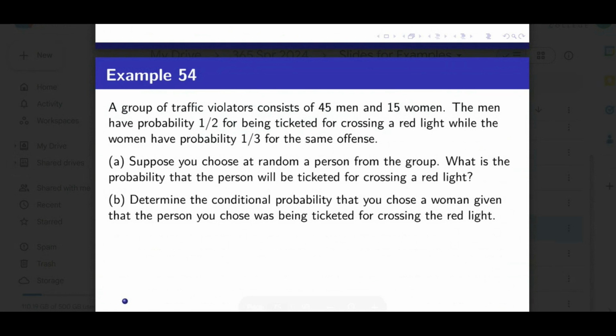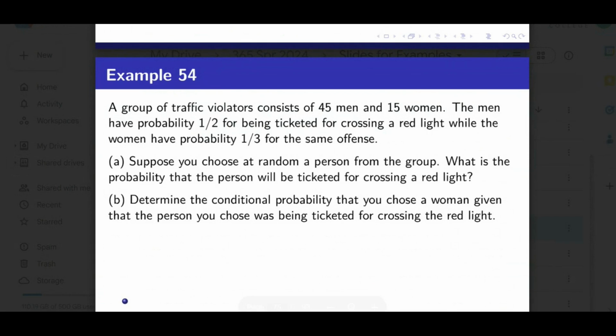So let me ask you, when you draw a tree, what is the event that you condition on, or the criterion? The way the information is aligned, what should be the first branch of the tree that you draw?